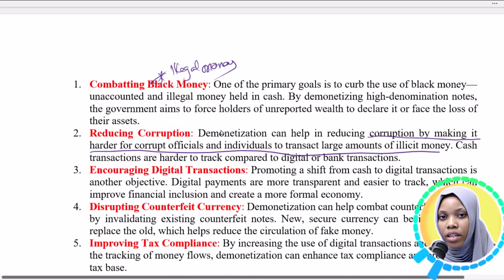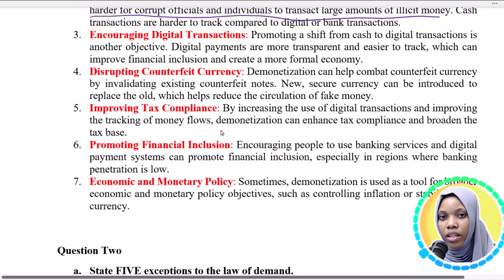Objective number 4 that we have is to disrupt counterfeit currency, that is, fake currency. Maybe there was a lot of fake currency in circulation in the Kenyan economy, and that's why the government decided to demonetize its 1,000 shilling note.